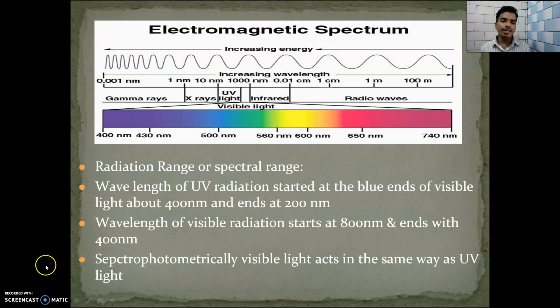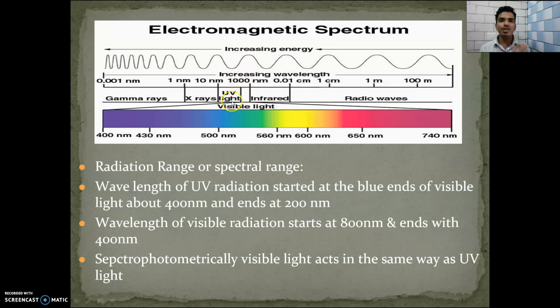Then next is the electromagnetic spectrum. This is the electromagnetic spectrum, and only this region we want to study, where we interact with matter. It is large, from gamma ray, X-ray, UV light, visible light, infrared, and radio. It is a huge electromagnetic spectrum, and from that we take UV radiation for the study.